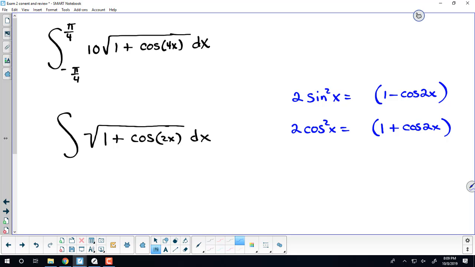That's particularly helpful here, because we can write 1 plus cosine of 2x as 2 cosine squared.